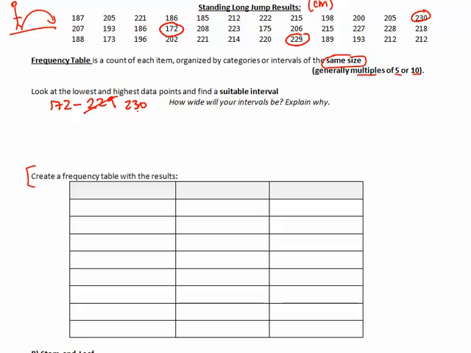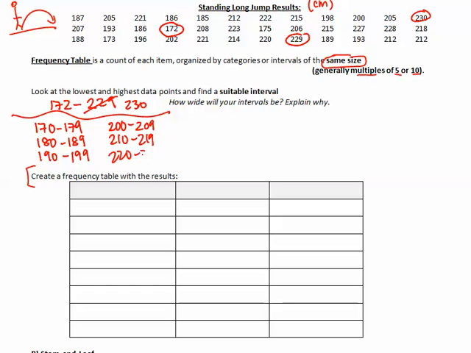If we look at our intervals, let's start by creating intervals 170 to 179, then 180 to 189, 190 to 199, 200 to 209, 210 to 219, 220 to 229, and then 230 to 239.